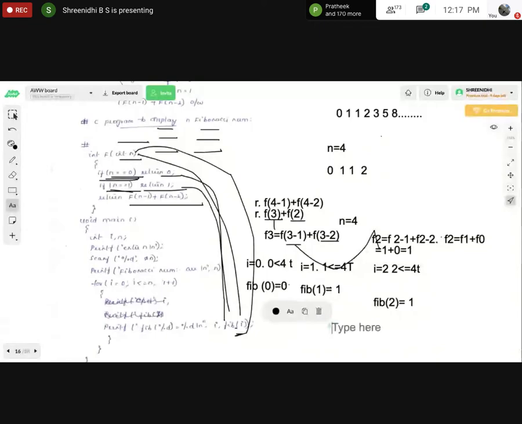So f of 3 will be 2 plus 1, which is equal to 3. So I got 0, 1, 2, 3, the first 4 elements I got here. This is how we use a recursion function. Got it?